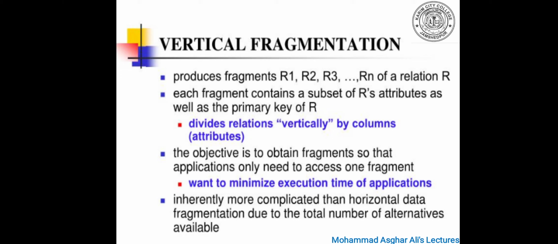A vertical fragmentation of a relation R produces fragments R1, R2, up to Rr, each of which contains a subset of R's attributes as well as the primary key of R. The objective of vertical fragmentation is to partition a relation into a set of smaller relations so that many of the user applications will run on only one fragment. Here the objective is to obtain fragments so that applications only need to access one fragment. It is inherently more complicated than horizontal fragmentation due to the total number of alternatives available.